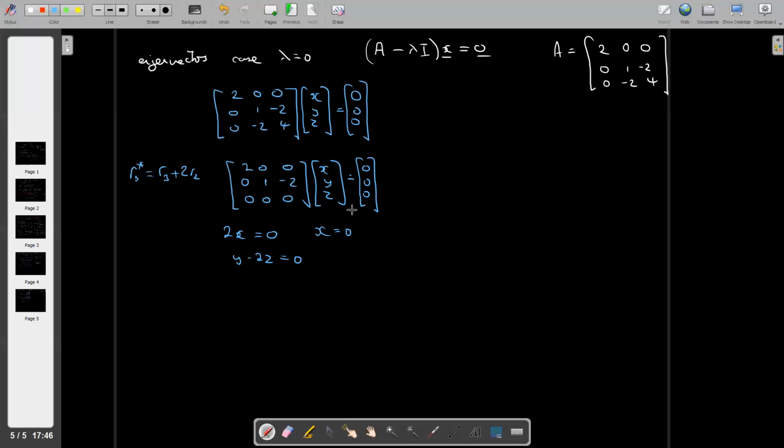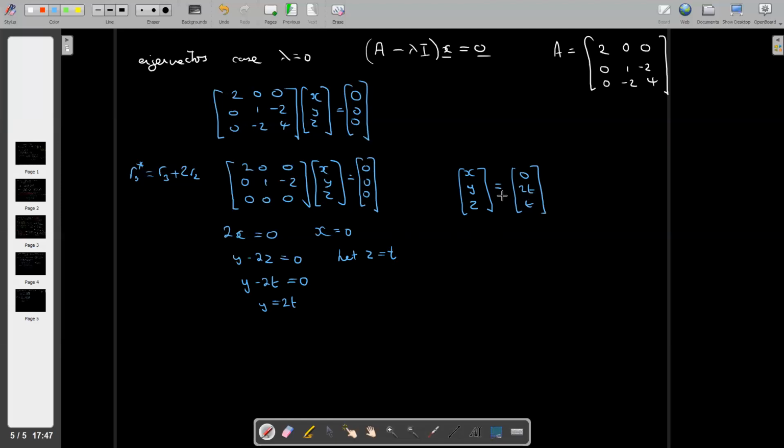So if I say, let z equal some variable t, this would become y take 2t equals 0. Then we've got y is equal to 2t. So combining these facts here, I've got the vector x, y, z is equal to, well, x is equal to 0, z is equal to t, and y is equal to 2t.